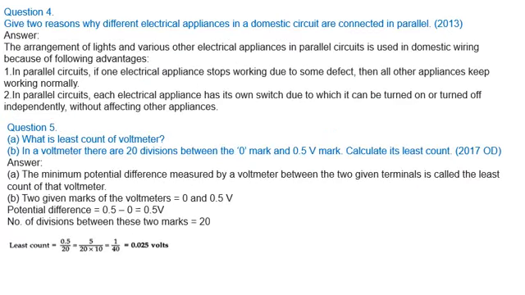Next, give two reasons why different electric appliances in domestic circuits are connected in parallel. This is just opposite to what we did in the last slide. Why do we want to arrange the domestic appliances in parallel circuit? Because if one electric appliance stops working, the others can work normally.